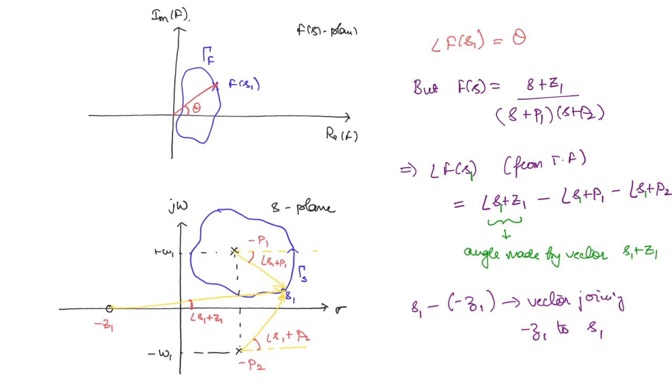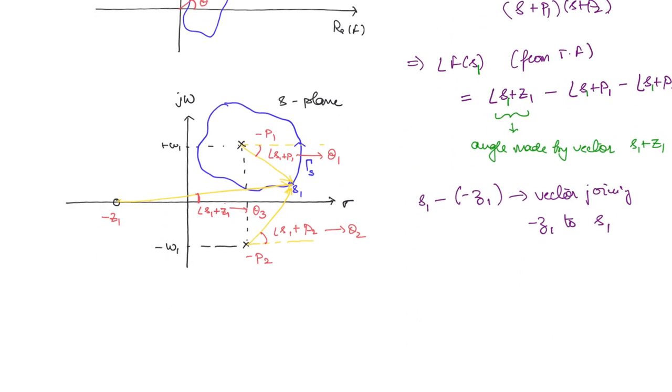Now, this is the next part of it. We have taken a stationary point and we have found out the relationship between the phase in the f of s plane and how to get this phase from the s plane values. We have all of these angles here. We have to add them accordingly and we will get this theta. So you can write these theta 1 here as well so that it will become more clear to you. Let this be theta 1, let this be theta 2 and let this be theta 3.